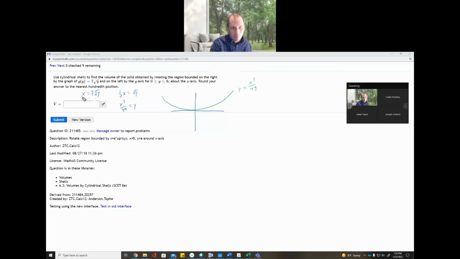The difference is if I write x equals 7 root y, the square root of y is always going to output a positive number. So I don't actually have this left side of the graph. So the region is bounded on the right by this curve. It's bounded on the left by the y-axis.